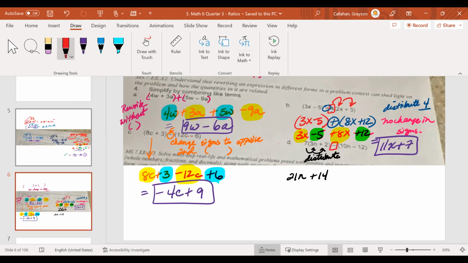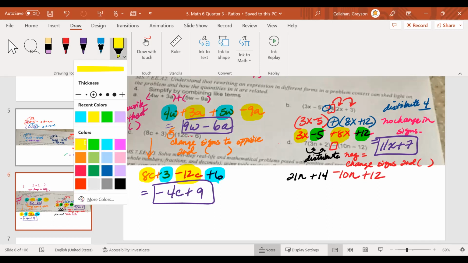And subtraction. Yes. So if you have a negative, that means change signs where? Second parenthesis, right? So that positive 10n becomes a negative 10n. Negative 12 becomes a positive 12. So let's go ahead and combine the n's.